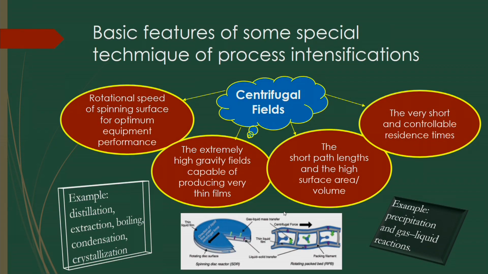Sometimes an extremely high gravity field is also capable of producing very thin films, and if you produce very thin films, there will be more mass transfer, because the interfacial diffusion of the molecules will be enhanced through the thin film. So, for any chemical engineering separation process, sometimes you have to produce a thin film for the intensification of mass transfer.